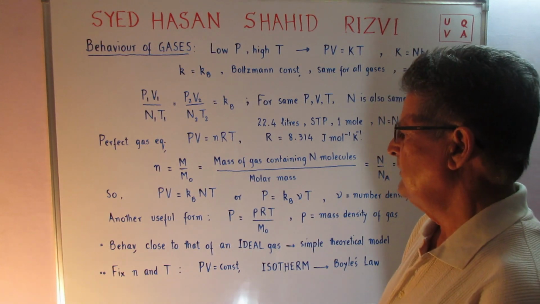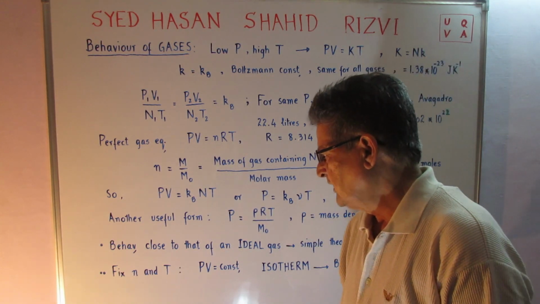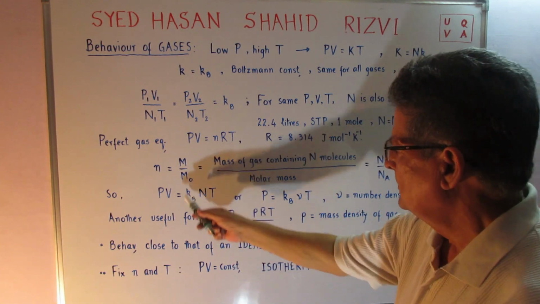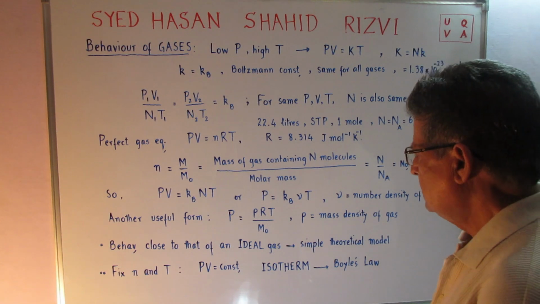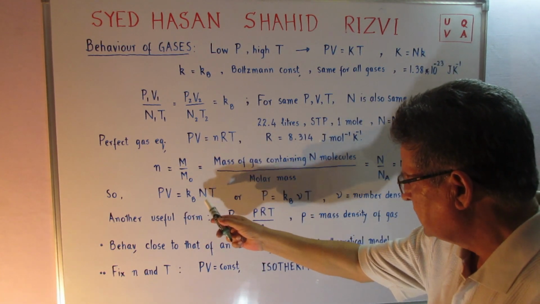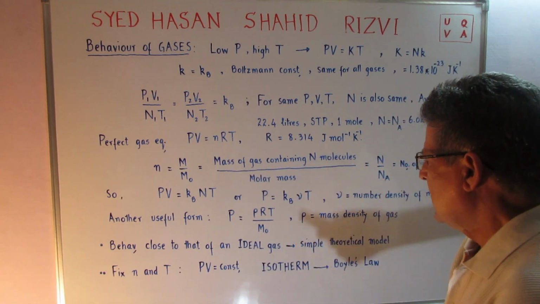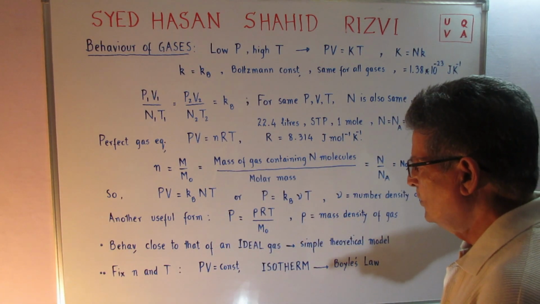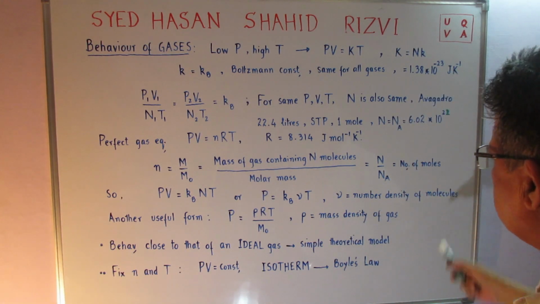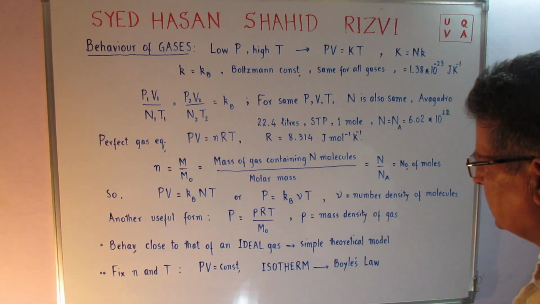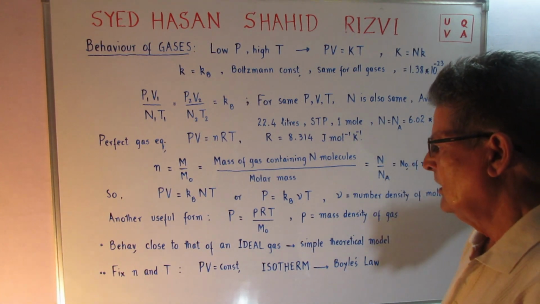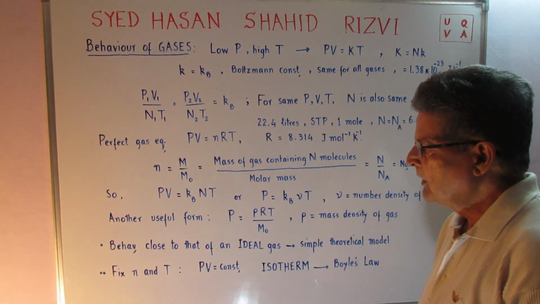PV for any value of P and V, an associated value of T, and the number N, this is equal to that. So I can write now the value of P, I divide this equation by capital V and I get it as Kb nu T, where nu is the number density of molecules, that is, how many molecules are there in a single meter cube.